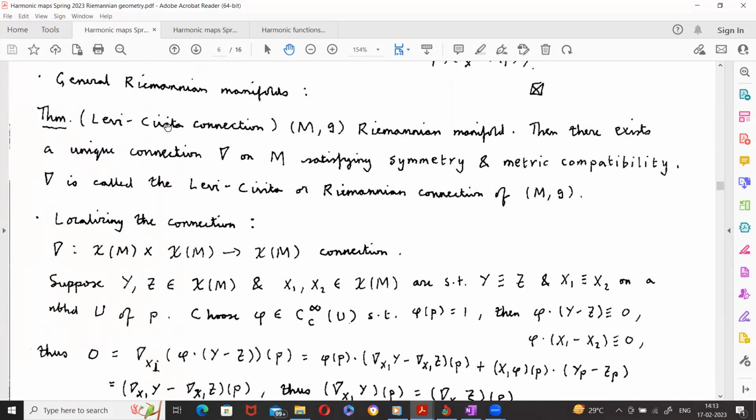Then the fundamental theorem of Riemannian geometry says that there exists a unique connection nabla on M, which is determined by this metric g in the sense that it satisfies symmetry and metric compatibility.